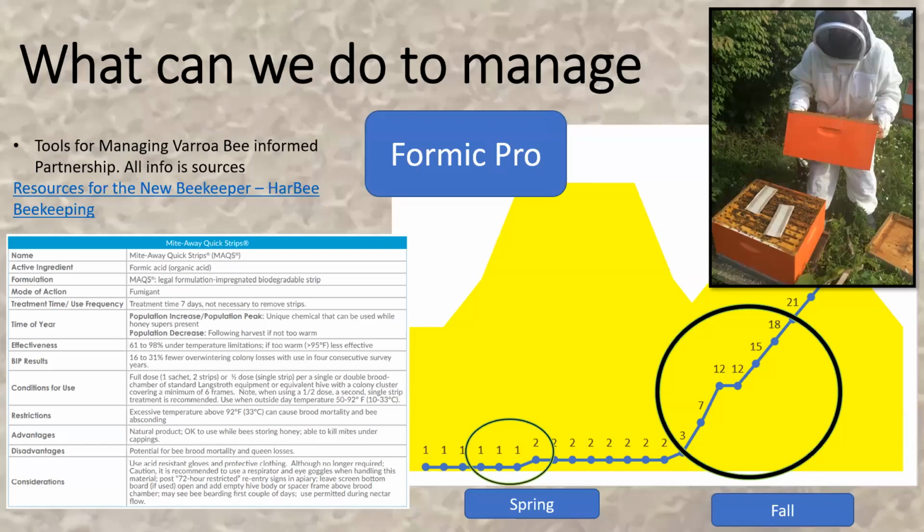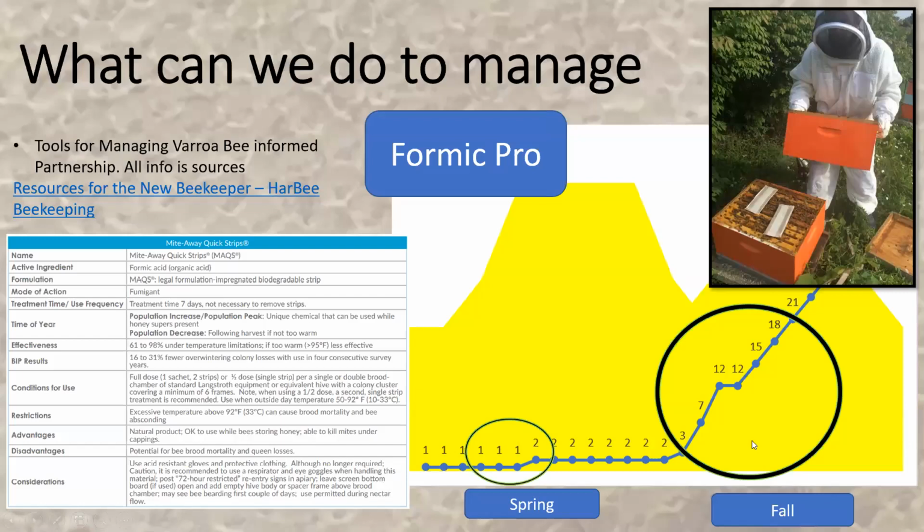One of the restrictions to Formic Pro, and formic acid based chemicals, because Mite Away Quick Strips is also another product that they have, is temperature. It's very temperature sensitive. So here circled is the early spring, when you'll have temperatures well below 80, and that's a time that Formic Pro could be used.